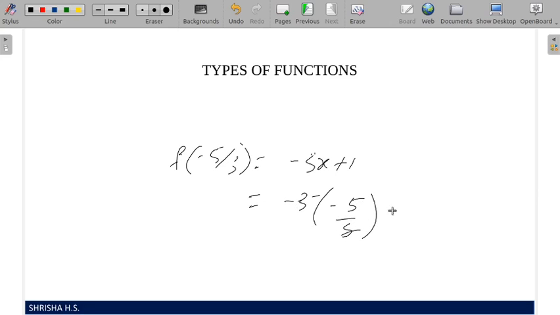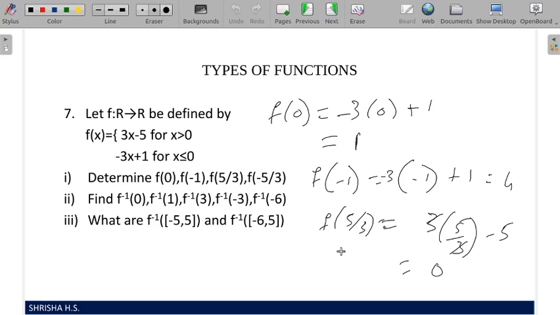So minus into minus, we have cancelled this, 5 plus 1 is 6. Here one minus is there, here another minus is there, that becomes plus. 3 cancels, plus 1, so we have 6. So this will be about the first task.